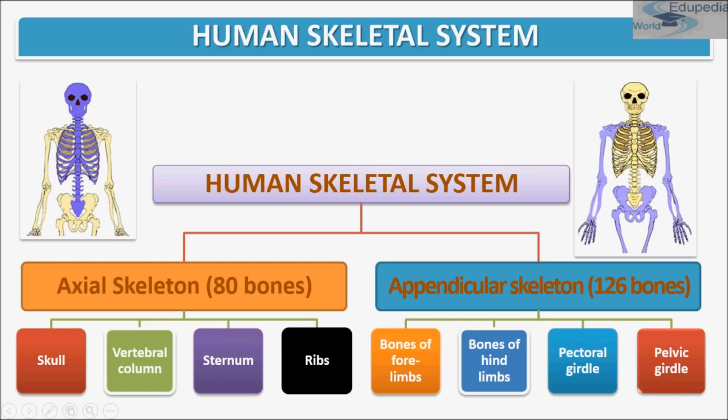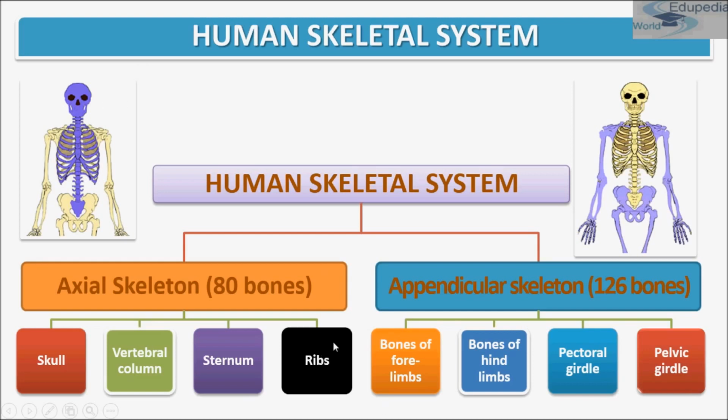It is about 15 centimeters long and the main parts are the upper handle, the manubrium. Then the middle part, which is the largest part, called the body. And then the lower cartilaginous plate, which we call the xiphoid cartilage.